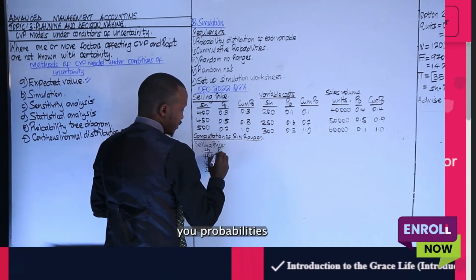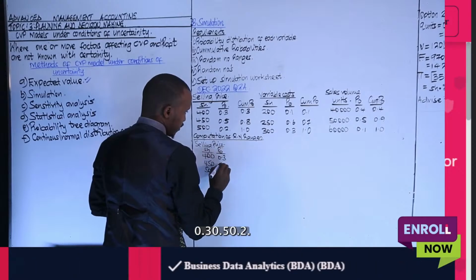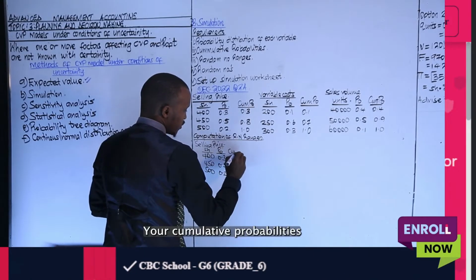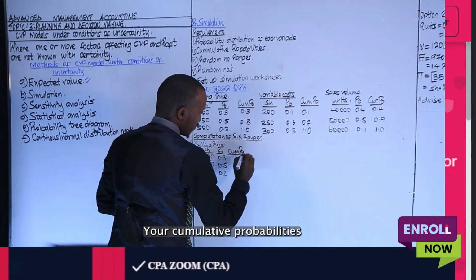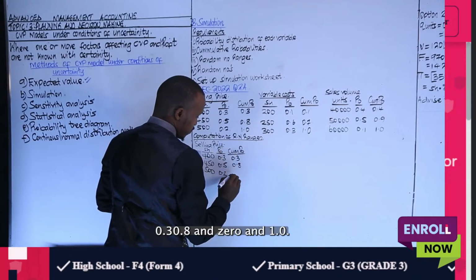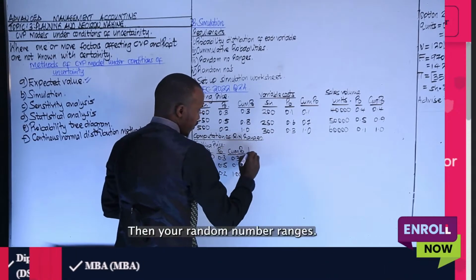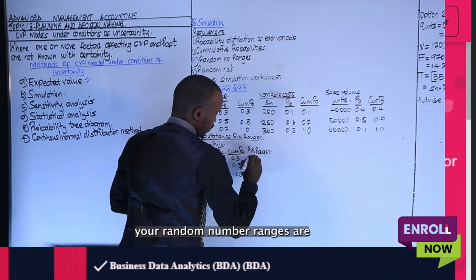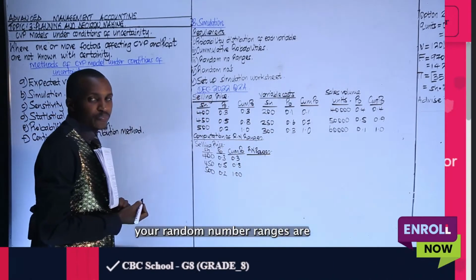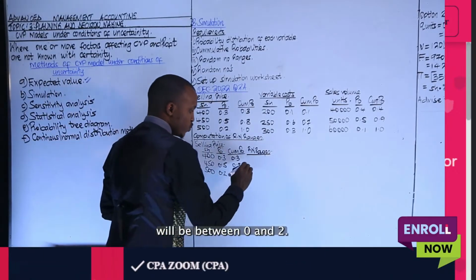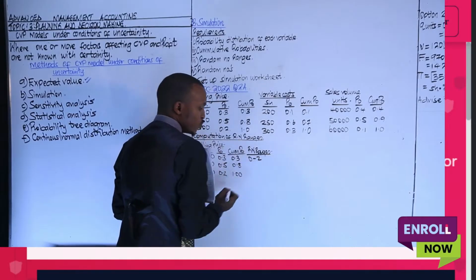Your probabilities 0.3, 0.5, 0.2, your cumulative probabilities 0.3, 0.8 and 1.0. Now your random number ranges will be between 0 and 2.